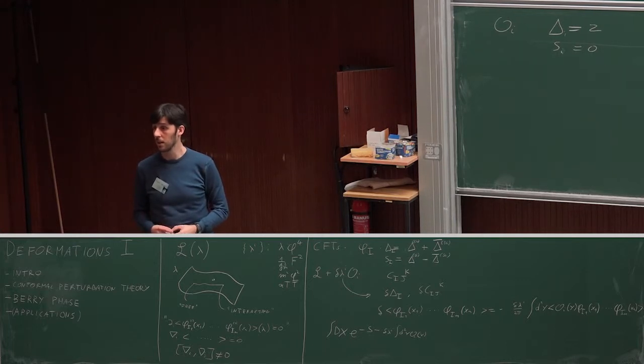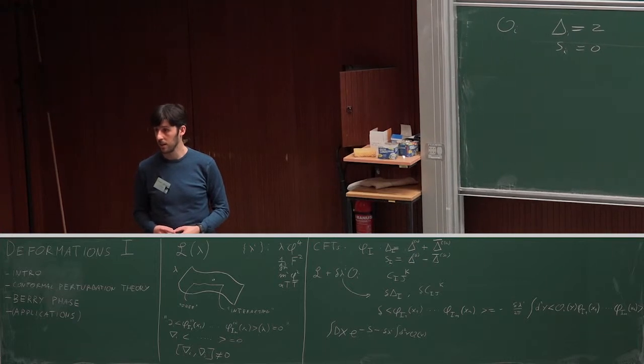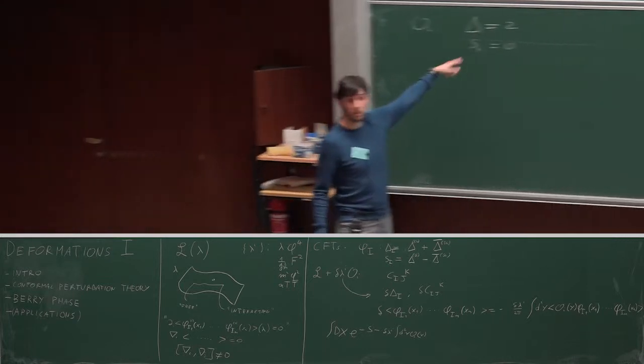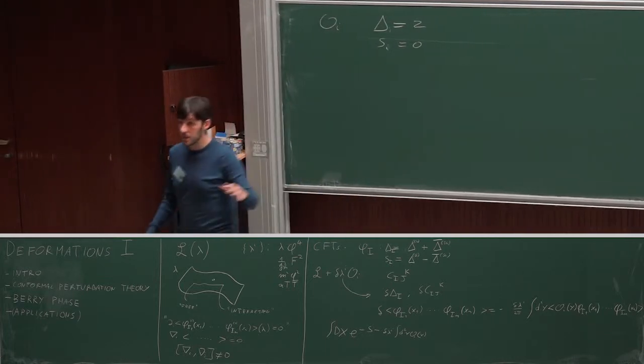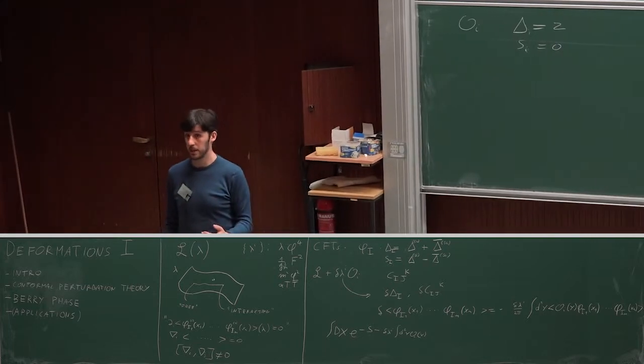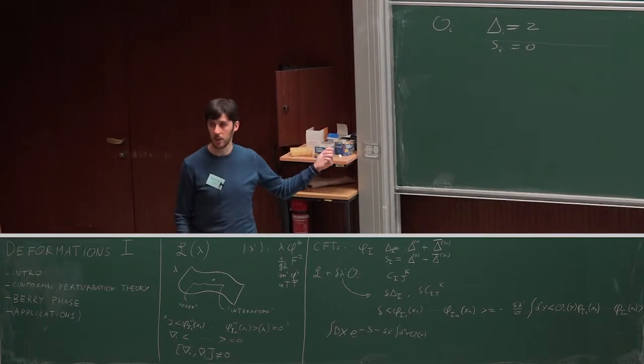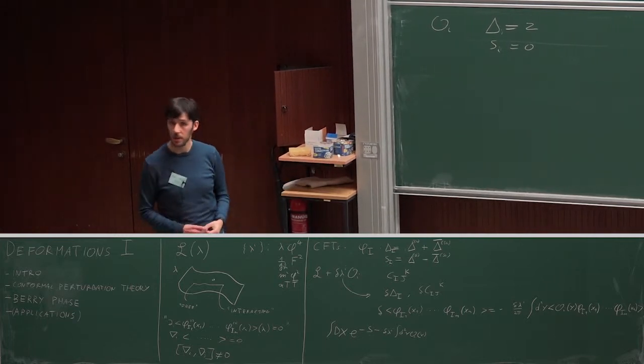And what I require is that your conformal dimension is 2 and the spin is 0. That's all you require at the moment. So the question is, are you only requiring these two conditions? At the moment, yes, but we will see soon that there are more conditions for marginality. This is not enough by any stretch of the imagination.